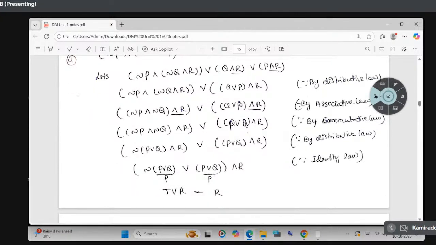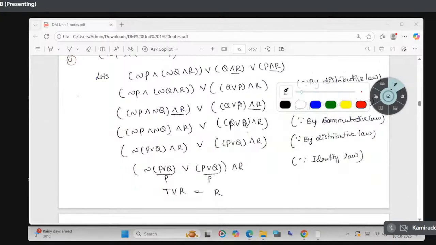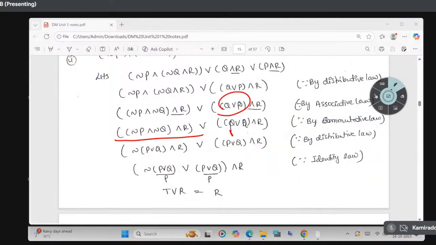It is negation P and negation Q and R, Q, and R. R is remaining the same. So here if we check this one, P R Q is there, and we have converted it.